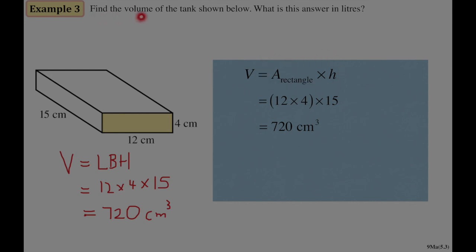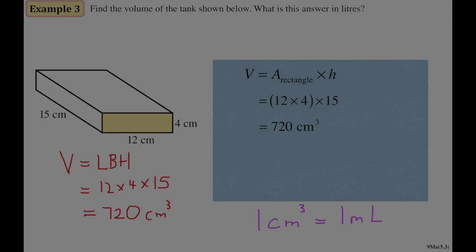Now this question said to find the volume, but then it says what's the answer in litres. Now what we do need to remember is this. I said before, 1 cubic centimetre would hold 1 millilitre. And remember, 1 millilitre is 1,000th of a litre.